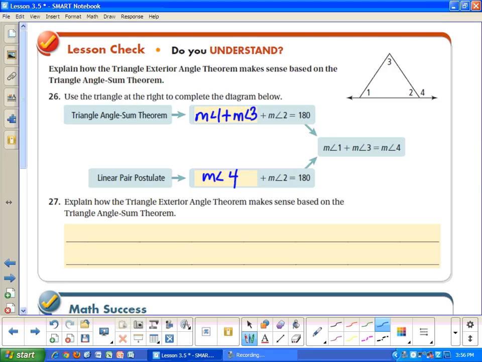And then if we use the transitive property of equality, we get the measure of angle 1 plus the measure of angle 3 equals the measure of angle 4. And since angle 1 plus angle 2 plus angle 3 is equal to 180, and angle 2 plus angle 4 equals 180, angle 1 plus angle 3 must equal angle 4 by the transitive property and subtraction.